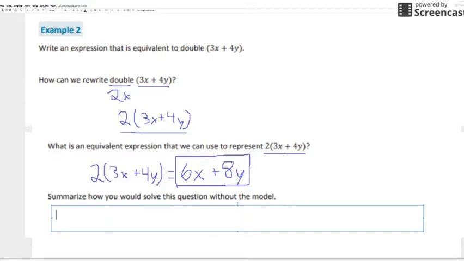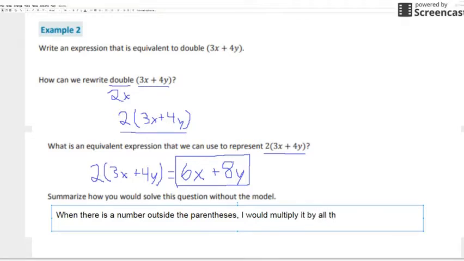Let's go a little more technical. When there is a number outside the parentheses, I would multiply it by all the terms on the inside of the parentheses.